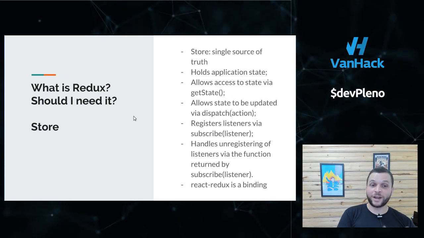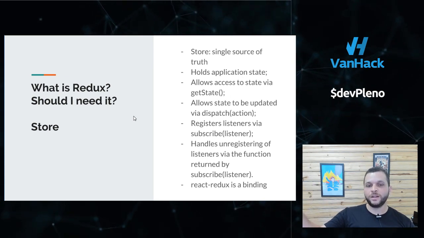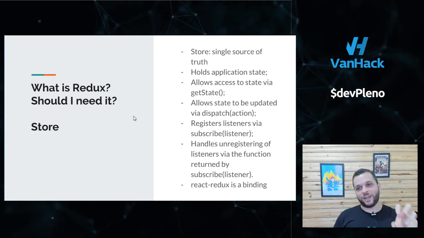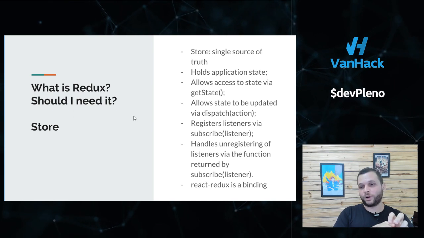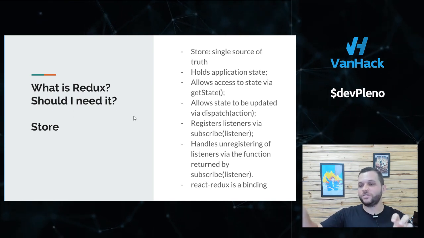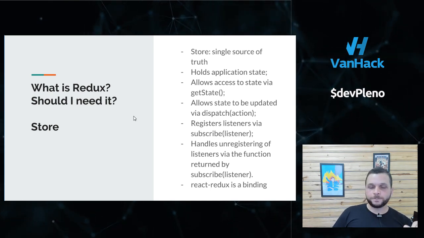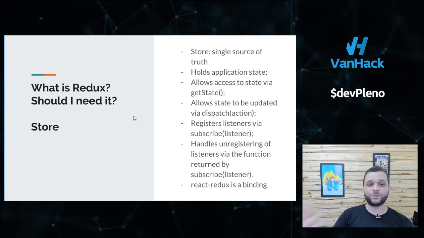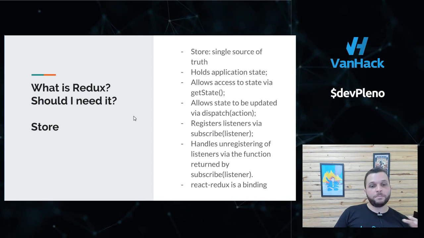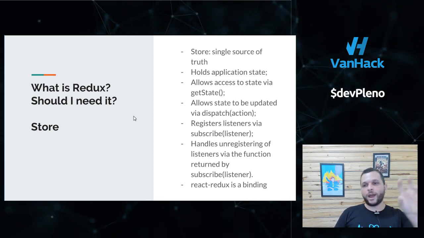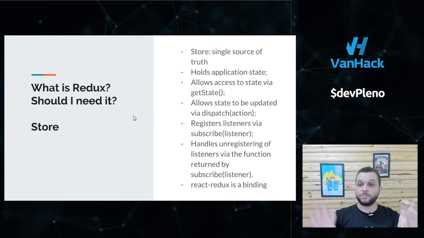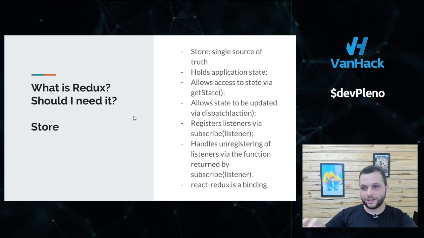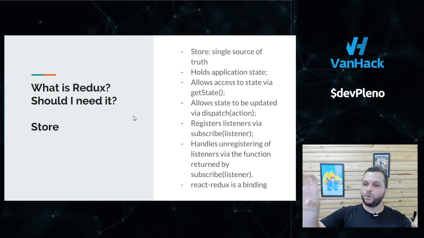And we can register listeners for those changes. So every time the store changes, the store lets something know that something is changing. And another thing we have here, for example, is handling unregistering of listeners via the returned function. But the most important thing is we have the store, we have Redux, and later we have React Redux.